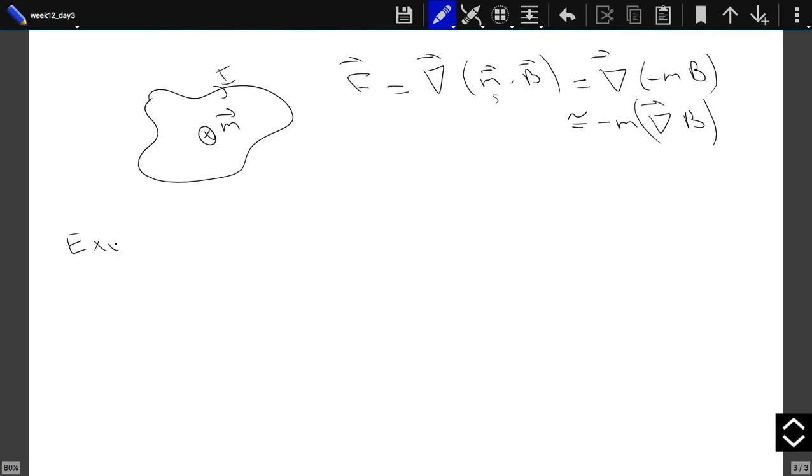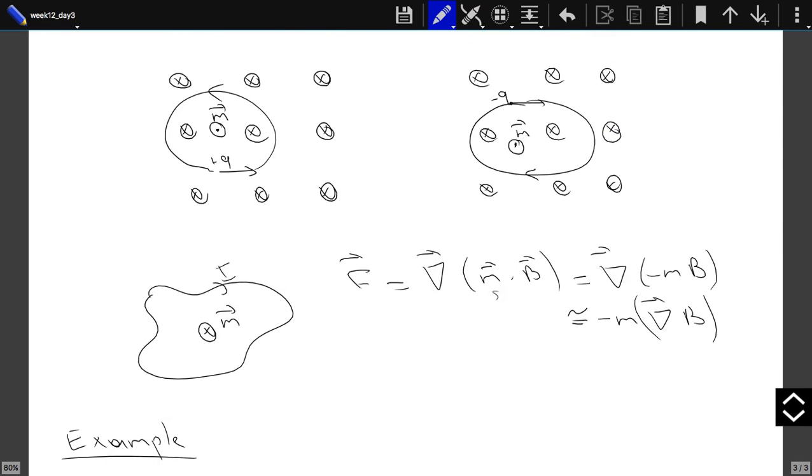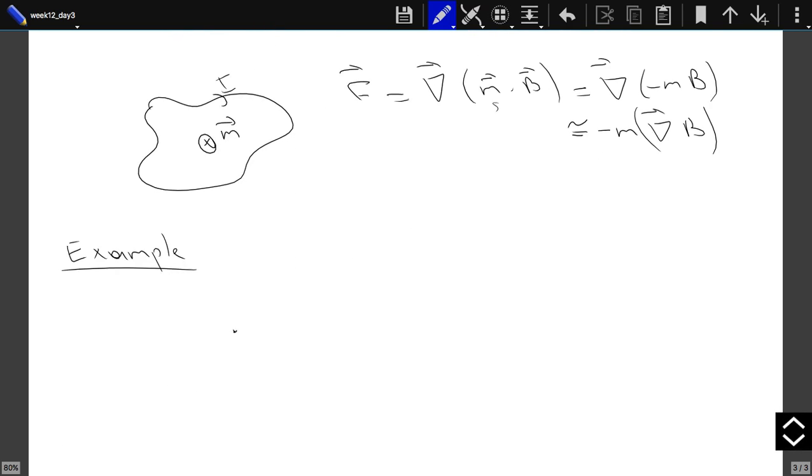Let's do an example. Well, let's assume, just for simplicity, we have an atom. Just a very simple model. Around it, there's an electron orbiting it.